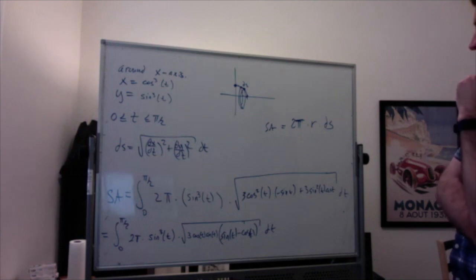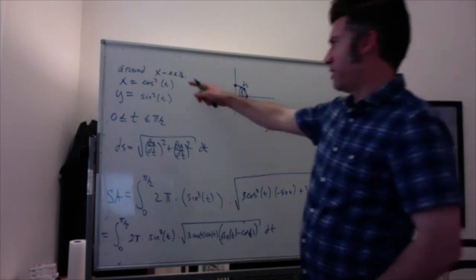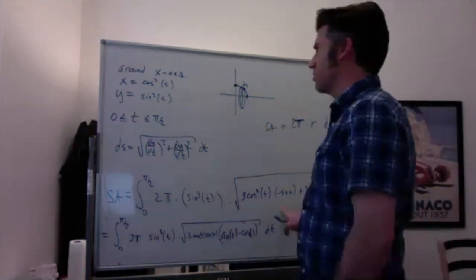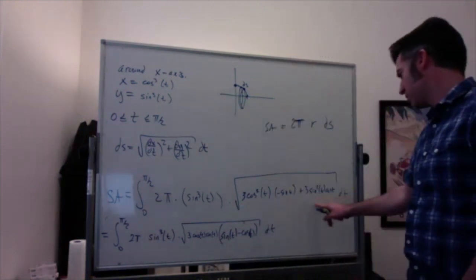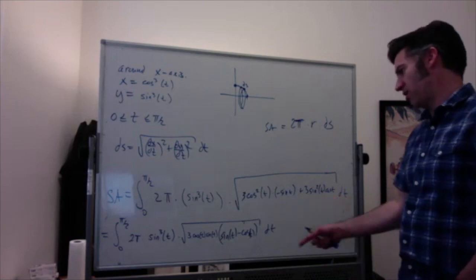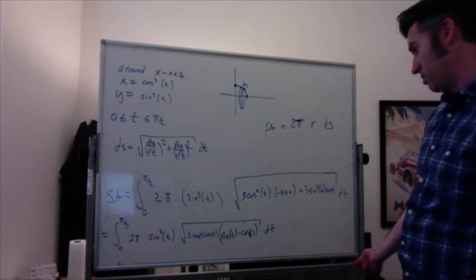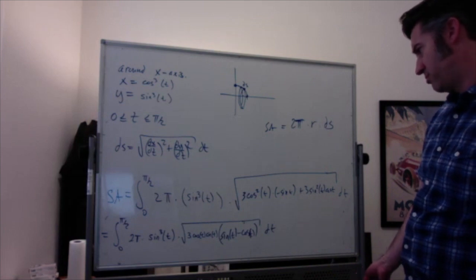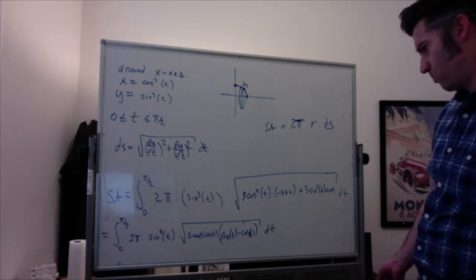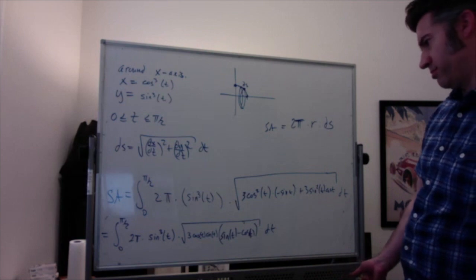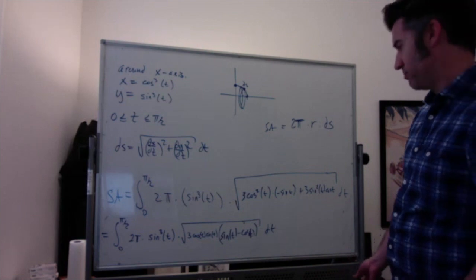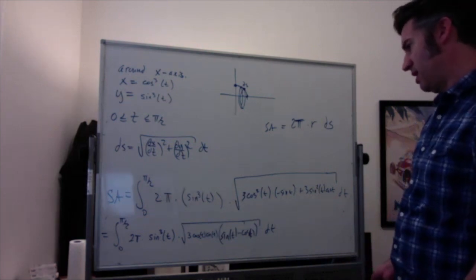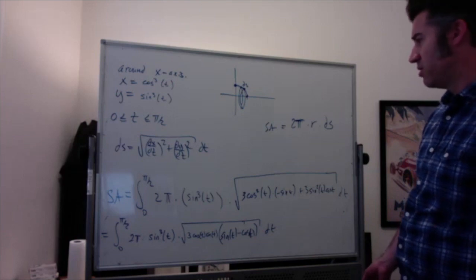Let me make sure I didn't make a mistake somewhere. Derivative of this is definitely 3 cosine squared times negative sine. No, that's right. 3 sine squared. All right, yeah. You factor out the cosine and the sine, which is all you can really do.